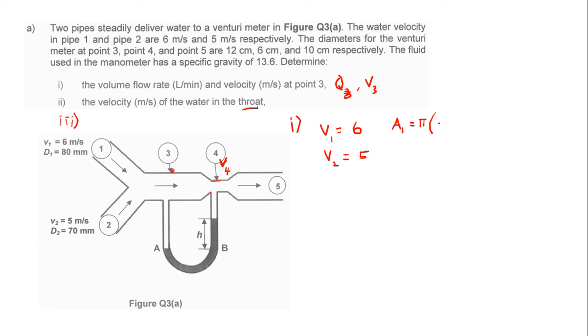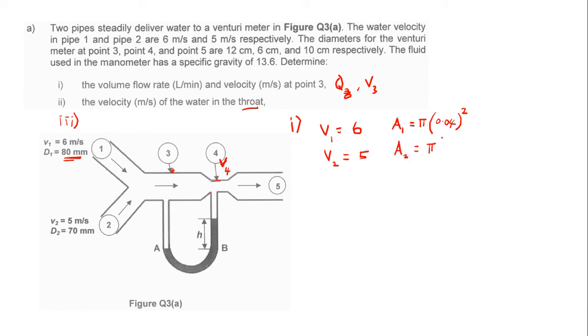Is it 0.04? Right, 40 millimeter to meter, you divide by 1000. So diameter divided by 2, in meters. So that's your A1.